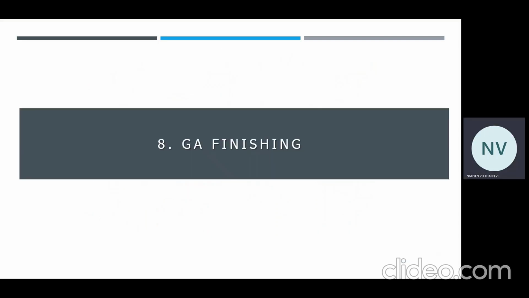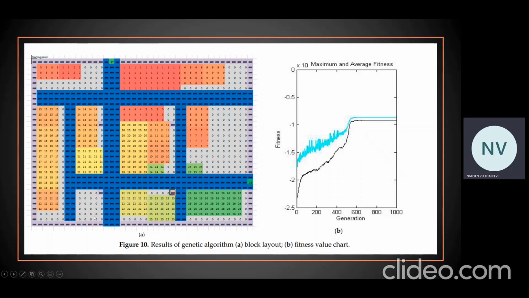Now we go to our results. Now we have the result of the genetic algorithm here in picture A. This is the block layout, and this B is the fitness value chart. Here we have the block layout after calculation by the machine. The colors represent 8 different blocks.